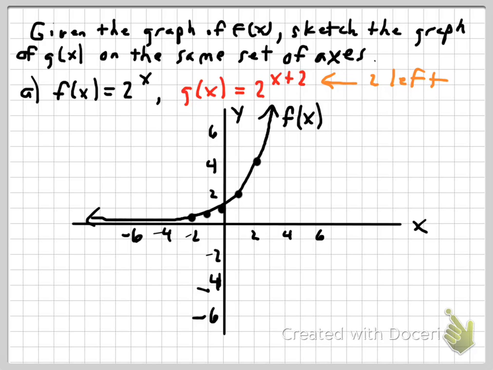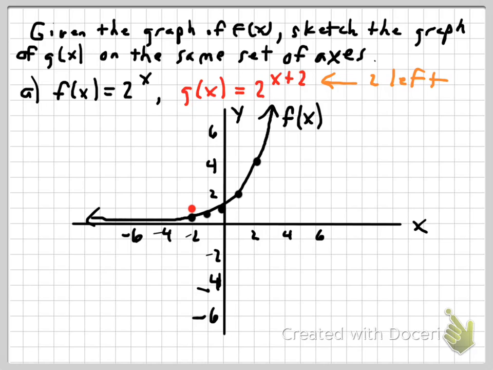So we're going to find some corresponding points. The one point you know for sure exists on this graph is 0, 1, correct? Because that's on the graph of every basic exponential growth or decay function until you start translating and dilating and so forth. So first we're going to take that point 0, 1 and translate it 2 units to the left. So negative 2, 1 is going to be there. And then if you have some other points, you can shift those 2 to the left.